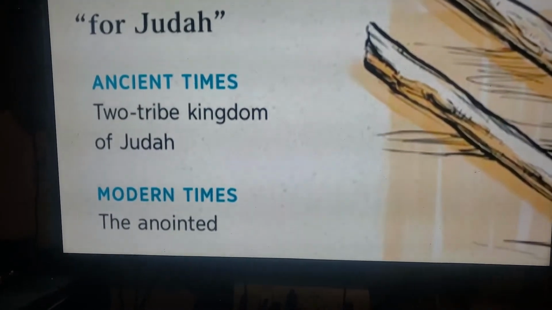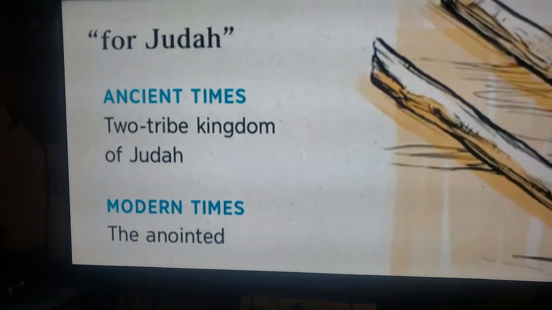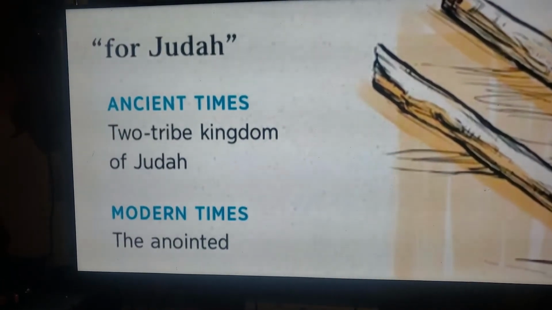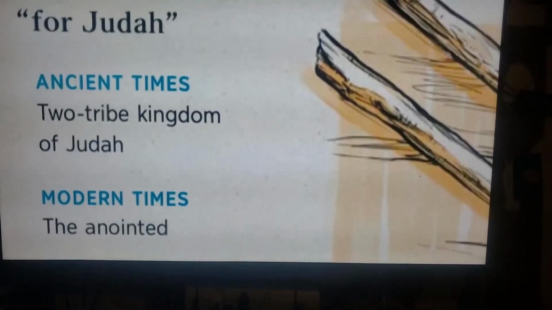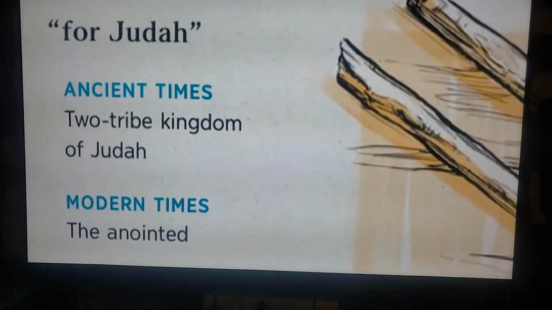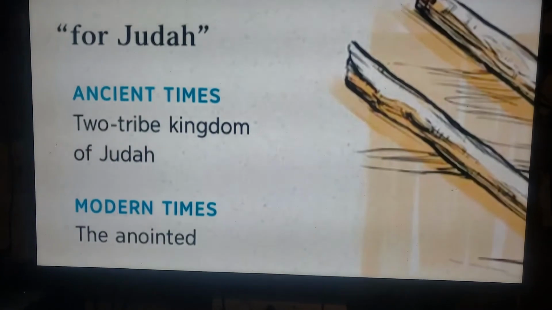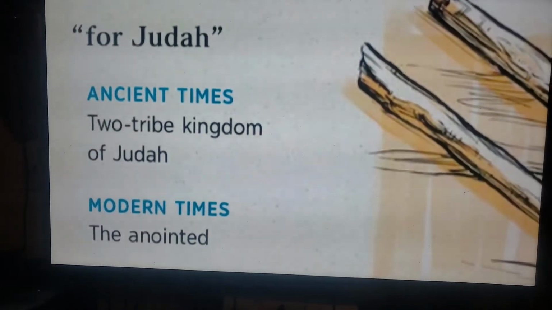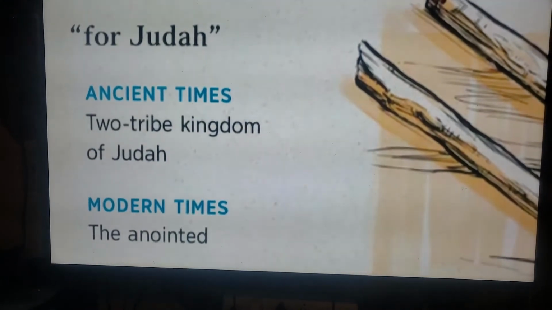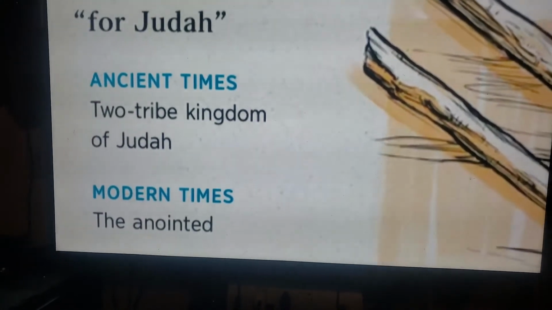But those 8 men, yeah, you know who they are, who they claim to be. So on this one side, the modern times, the anointed has nothing to do with the Jews or Judah, what their name used to be.